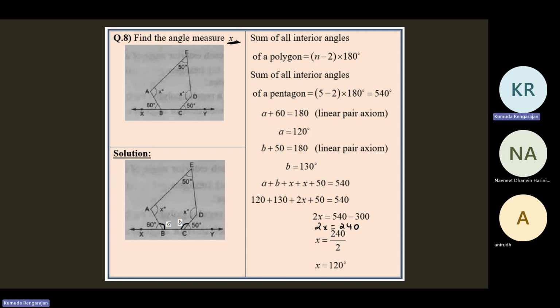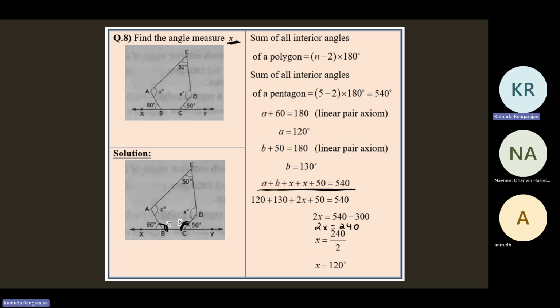Then you must find angle A and angle B, the interior angles, using linear pair. And then you must construct this equation.